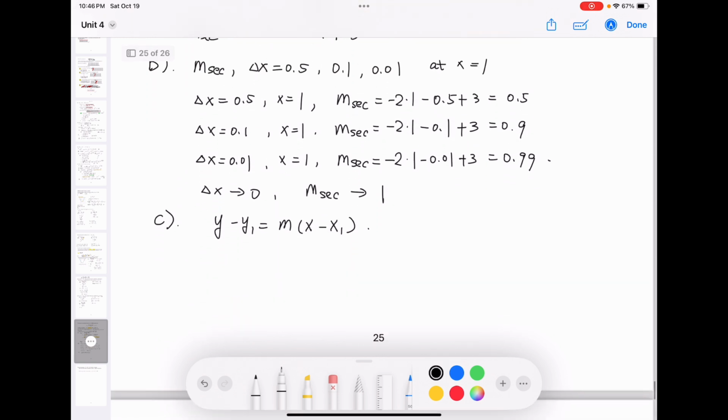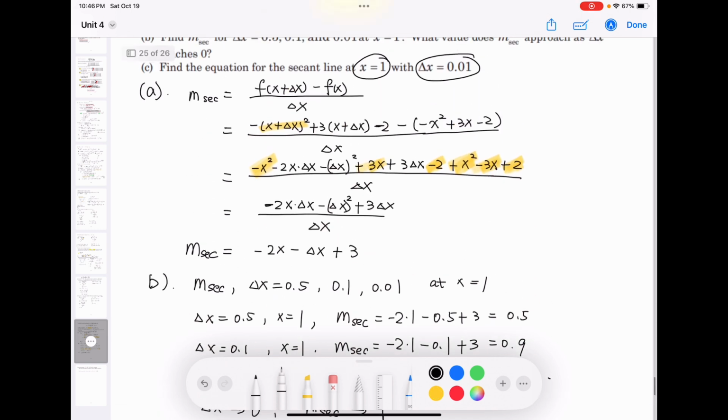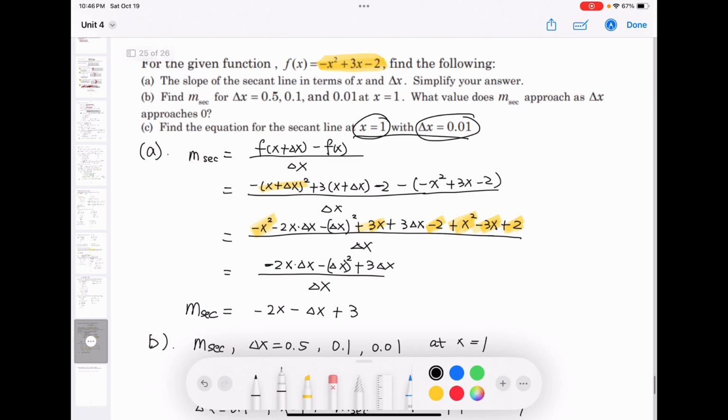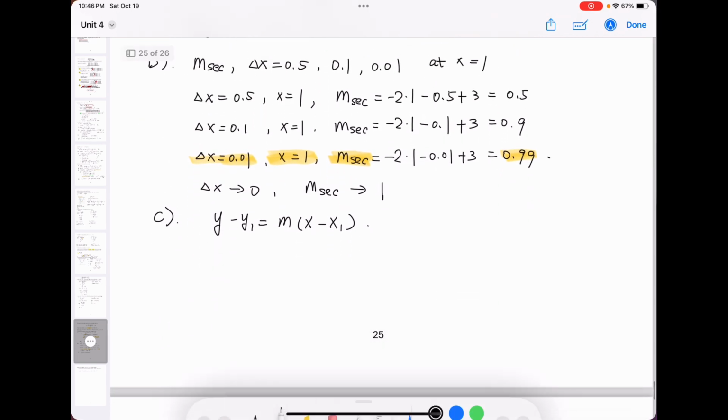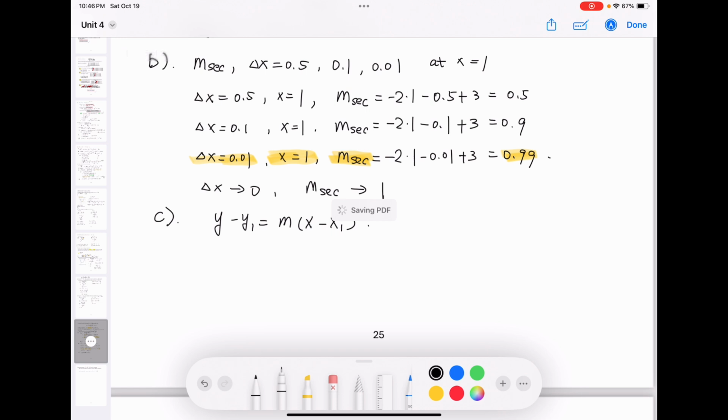0.01. So at delta x is equal to 0.01 and x is equal to 1, what is the m of secant? We can use the information from before: m is equal to 0.99.